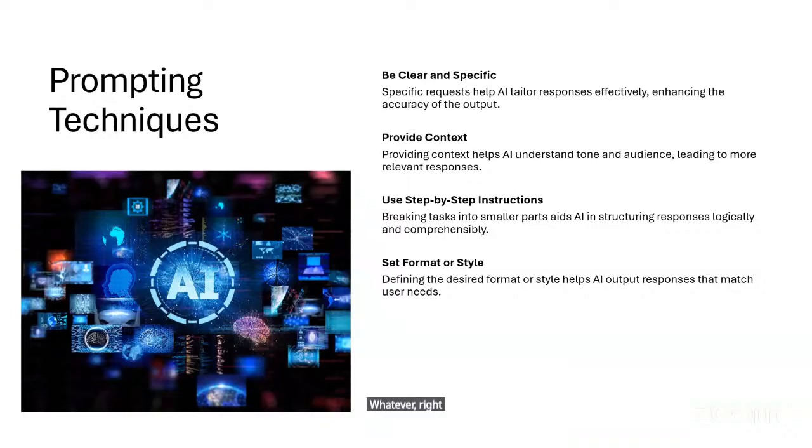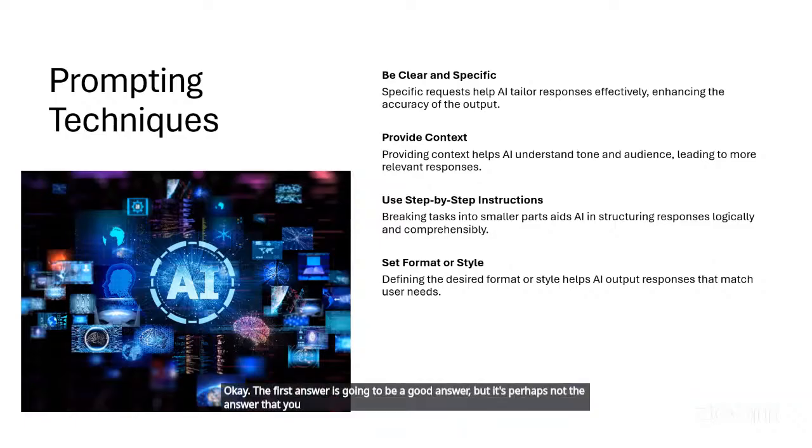So you have to be specific in the way that you ask the question. Iterate and refine. That's probably the fifth piece of advice that I can give you. The first answer is going to be a good answer, but it's perhaps not the answer that you want. It's perhaps too general, perhaps too specific, or perhaps it lacks a specific topic.